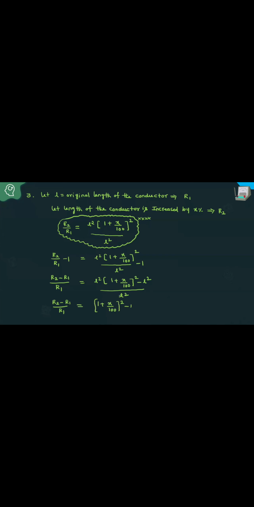Finally it is cancelled, no problem. Then by simplifying this, friends, nearly you can get the percentage. What is the percentage change in resistance due to the change of length, when the length is changed by X%?